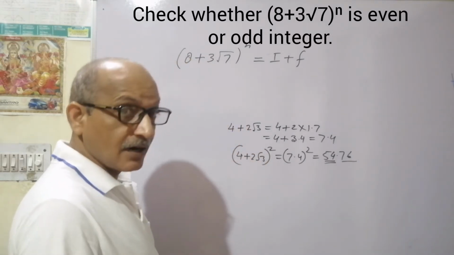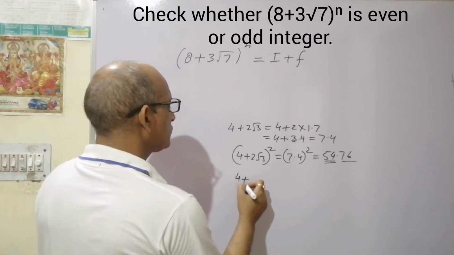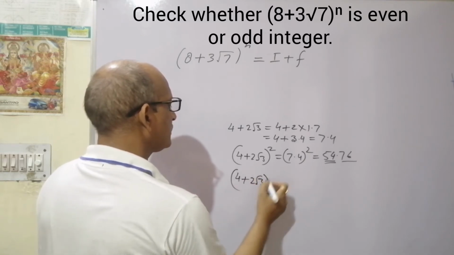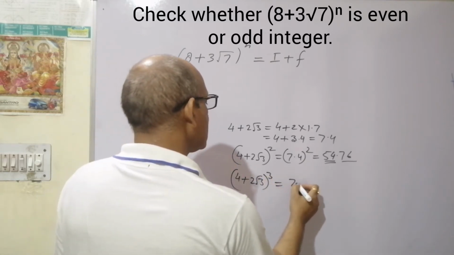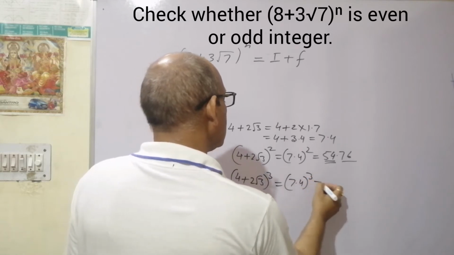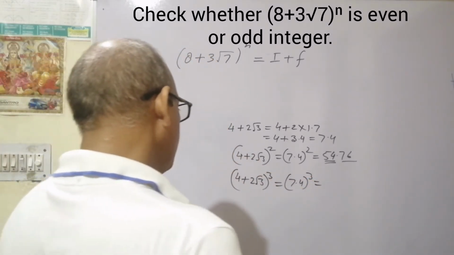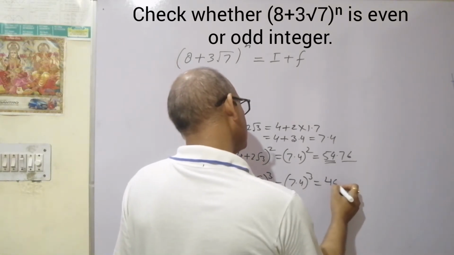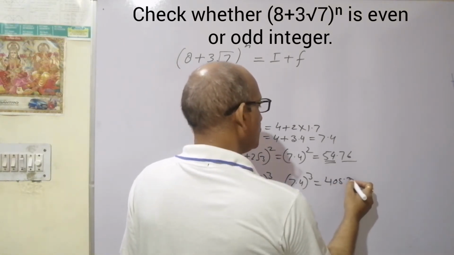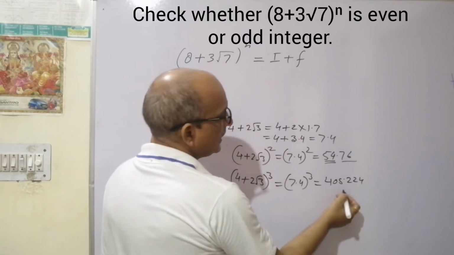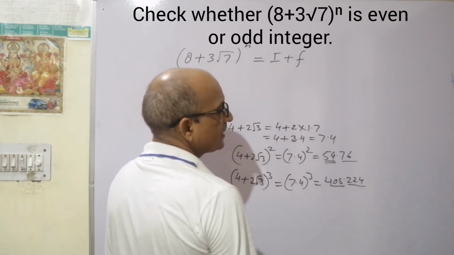If we take its third power, (4 + 2√3)³ is equal to 7.4³. This will be evaluated by you to get 405.224. Again we can see one part is integral, another part is fractional.